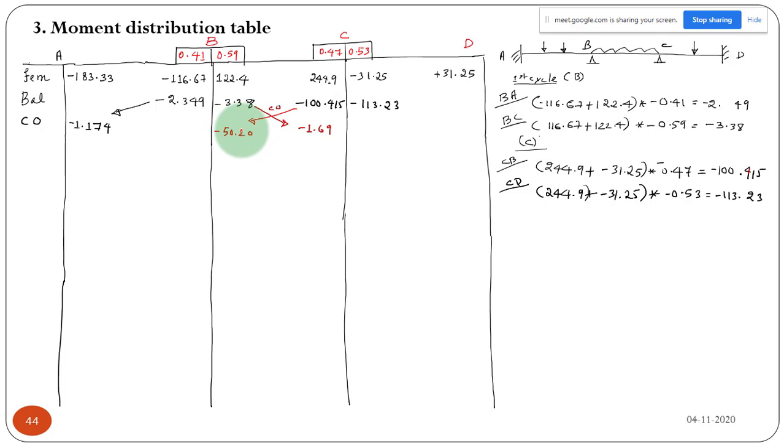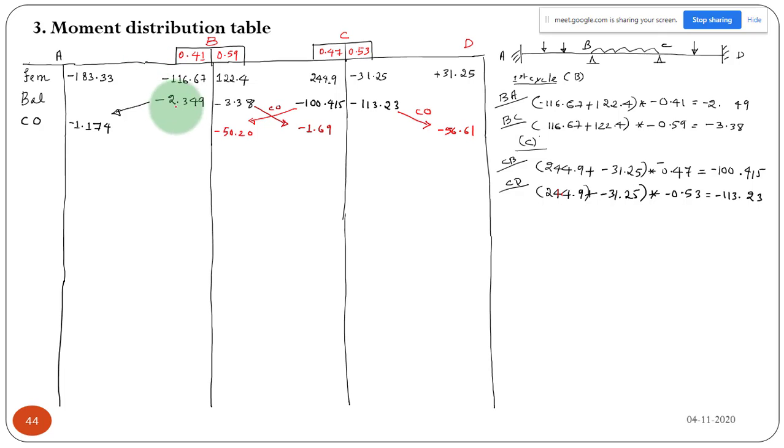And at joint C via MCD we have some value, half of the moment should be carried over to the far end, which is fixed. So for this value we do the carryover: 113 by 2 we will get minus 56.61. At this stage this joint was balanced, and now some additional moment came due to carryover from the far end, so the joint has become unbalanced again.